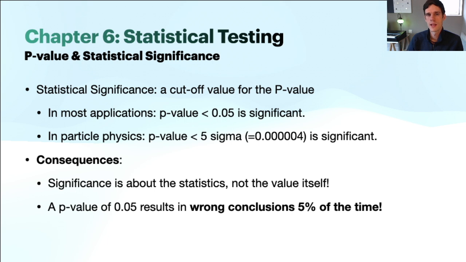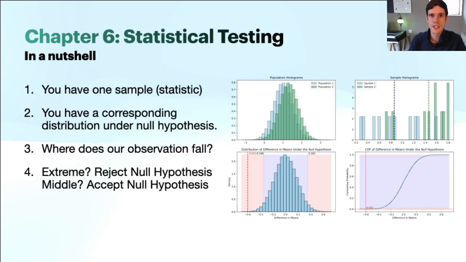Let's say, for instance, that in the psychological literature, all of the discoveries have a p-value of 0.05, then at least 5% of all these discoveries are actually wrong conclusions extrapolated to the entire population. So this is also something to really keep in mind. And the best thing to do, of course, is to increase your bar of statistical significance, as the particle physicists did.